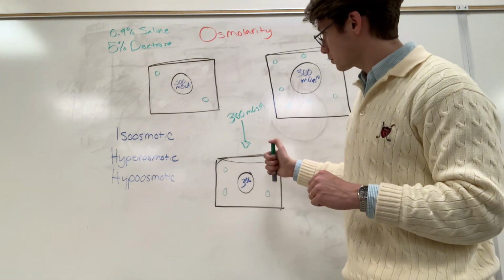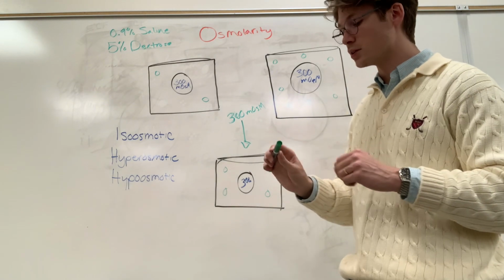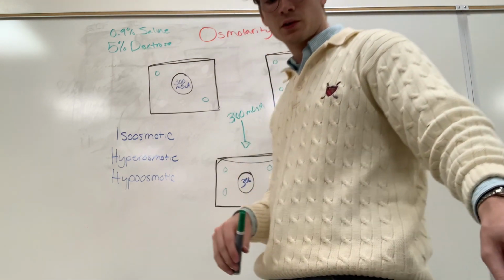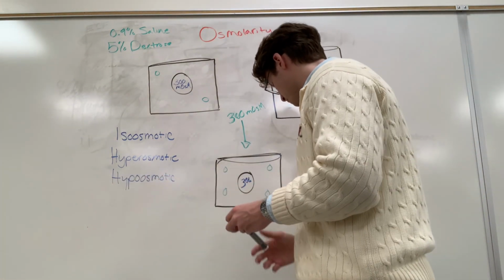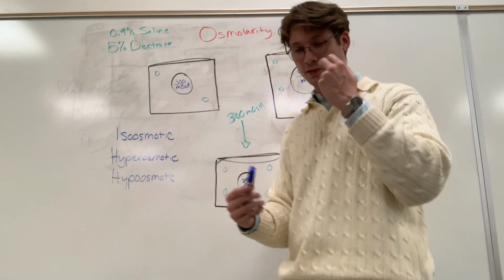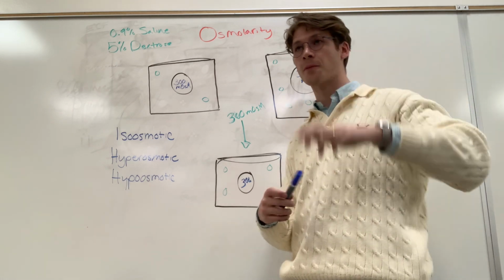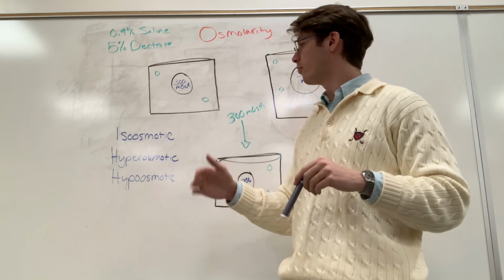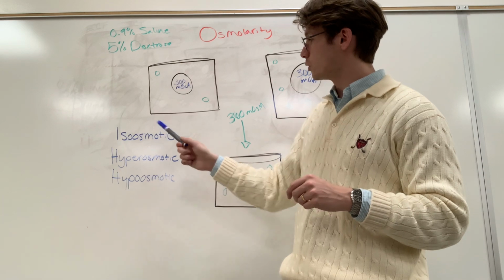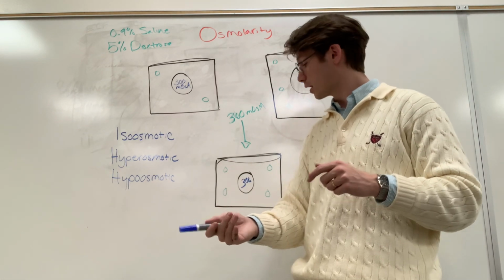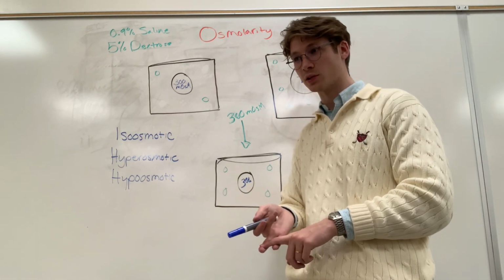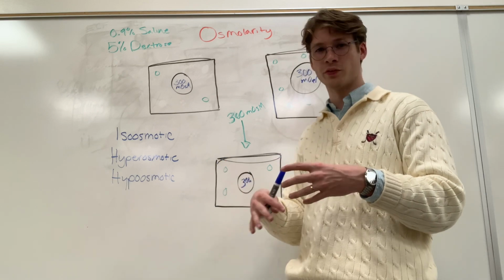But this is where tonicity comes into play. Tonicity is the effect on the cell. So what effect would an isoosmotic solution that is permeable and metabolizes have on the cell itself?